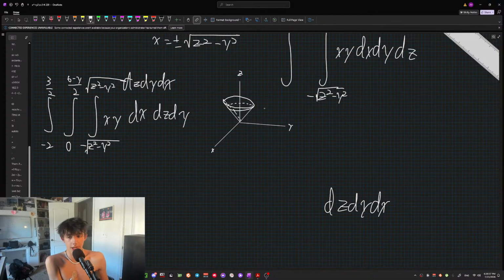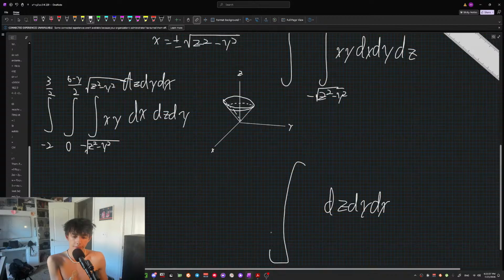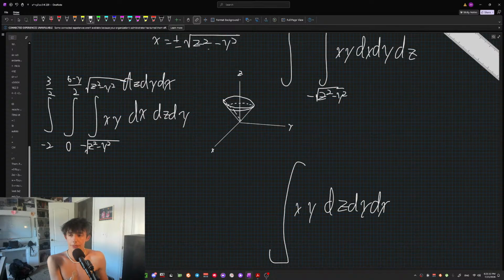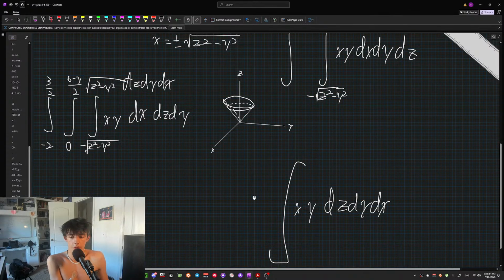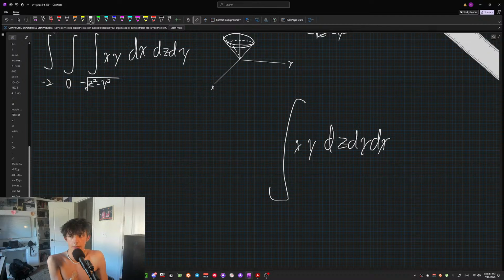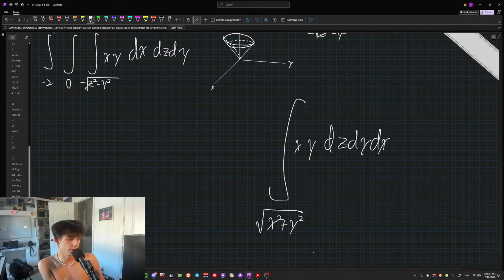So if we're looking at it from the side, z has to be bigger than r, right? So r is the square root of x squared plus y squared. I should have led with that. It can't be bigger than 6 minus y over 2.